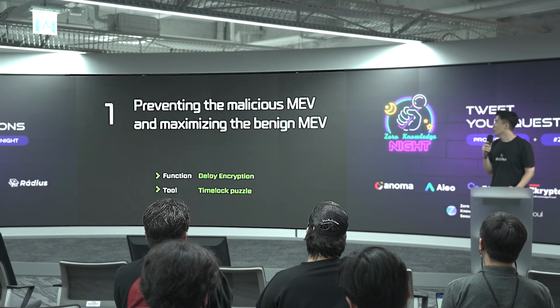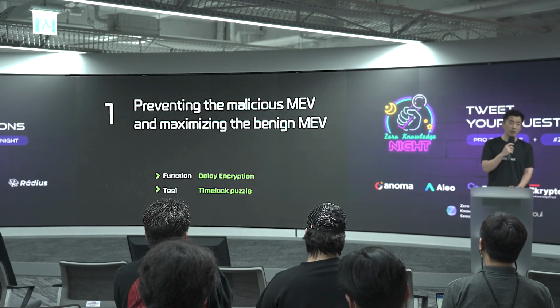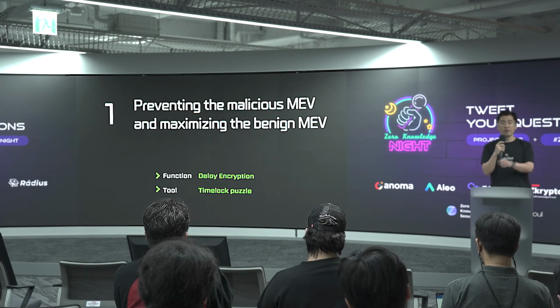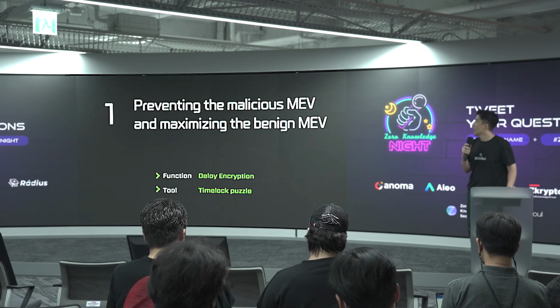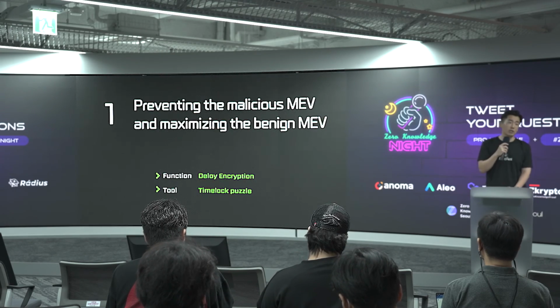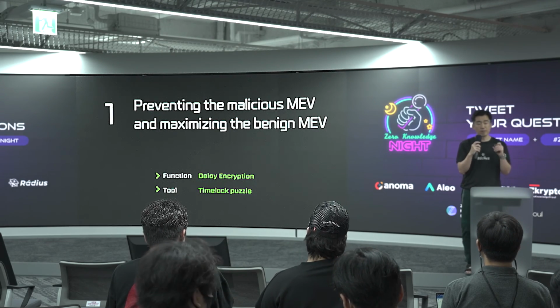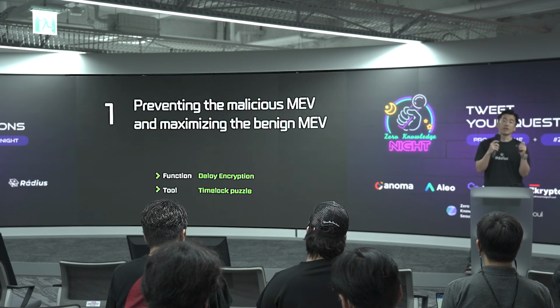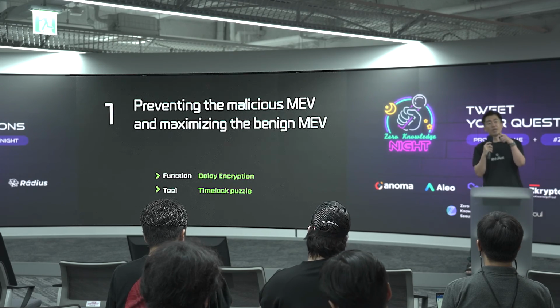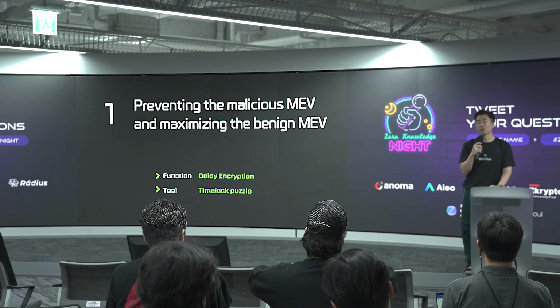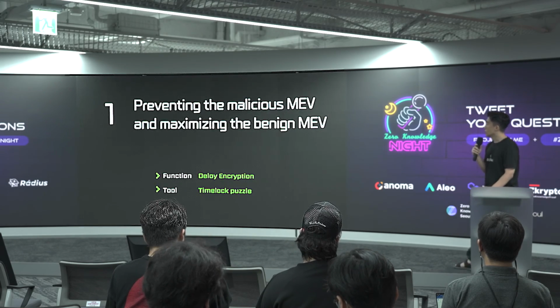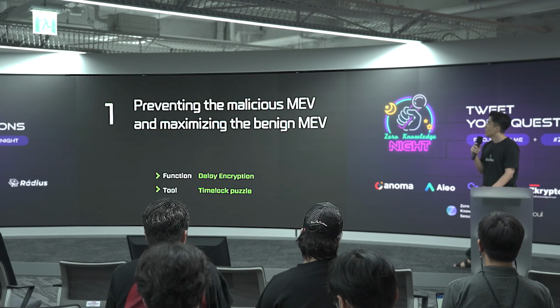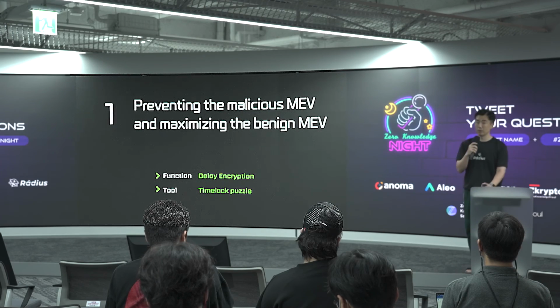So that's why we came up with some kind of delay encryption. It's kind of a commit-reveal scheme. We can encrypt transactions for a specific amount of time, and then the encrypted transactions are going to be decrypted automatically. That's how we prevent the bad MEV. And then we used the timer puzzle.